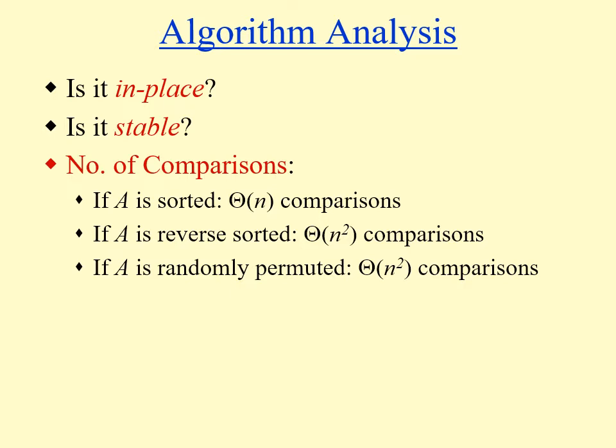And then let's look at its complexity. We have three cases: worst case, best case, and average case. Here, if A is totally sorted, we have only theta of n comparisons. We can go back to the code and find this relationship.